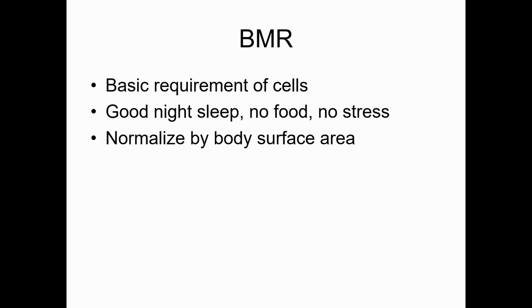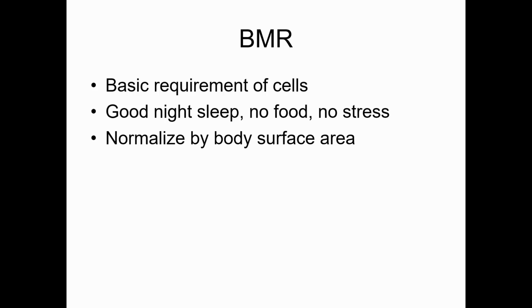So it turns out that metabolism is highly correlated to body surface area. So you measure metabolism, you normalize it by body surface area, and then you can compare two people and indeed say person A has a higher metabolism than person B.